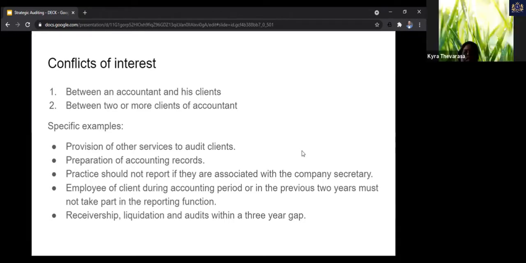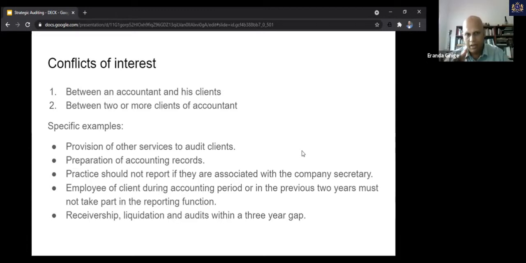Interesting. So it's generally better to avoid clients who have conflicts between them. Especially if there are legal battles between clients, it is better to avoid them altogether.